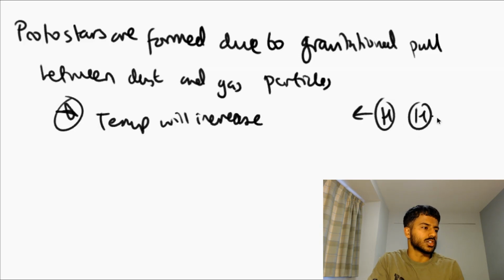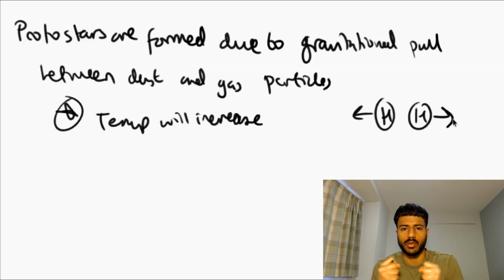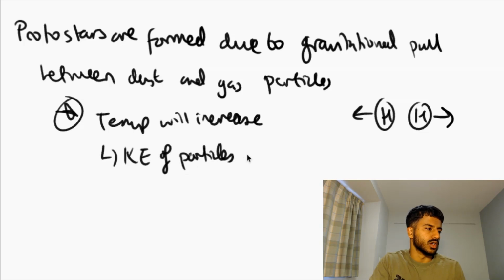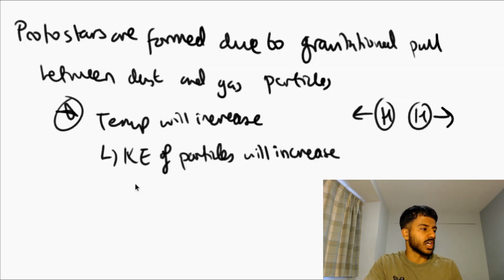So we have hydrogen nuclei, which will obviously try and repel each other. But because the temperature is increasing, this also means that the kinetic energy of particles will increase as well. This is because, as we know, the kinetic energy is equal to 3/2 kT.